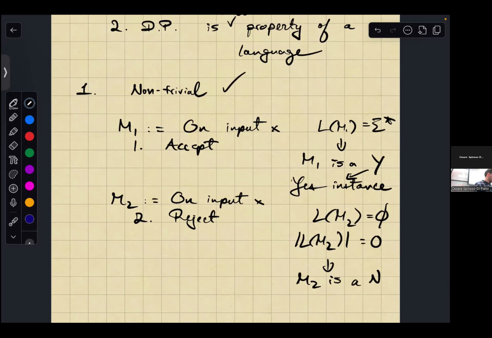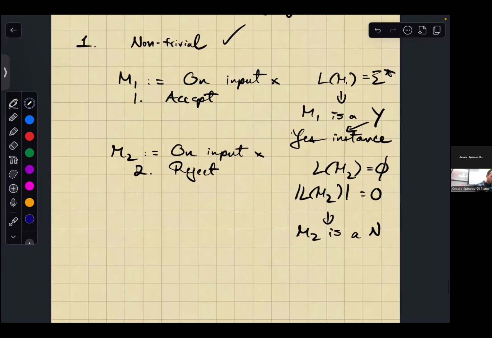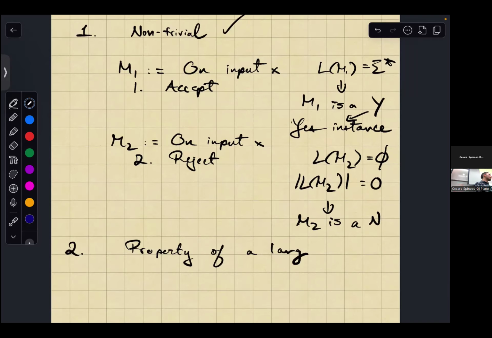Nice. Okay, cool. Now, is it a property of a language? To determine whether a decision problem is talking about a property of a language, we essentially want to know if it matters what representative of a language you pick.